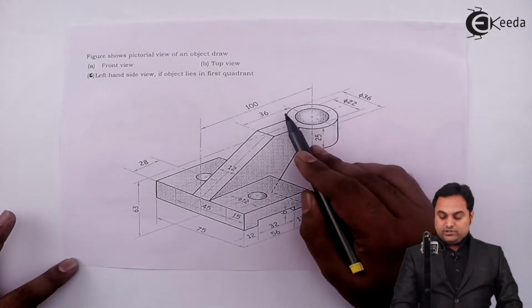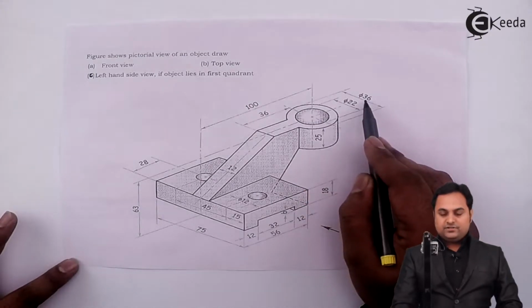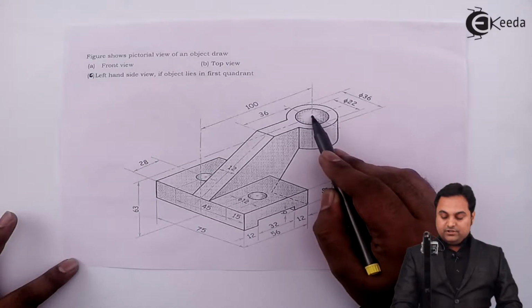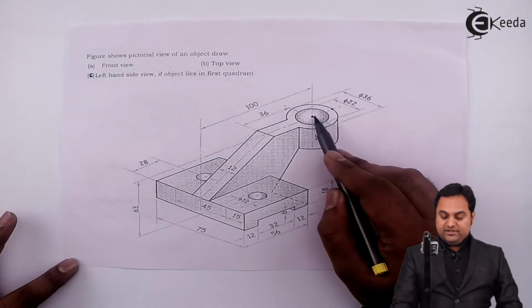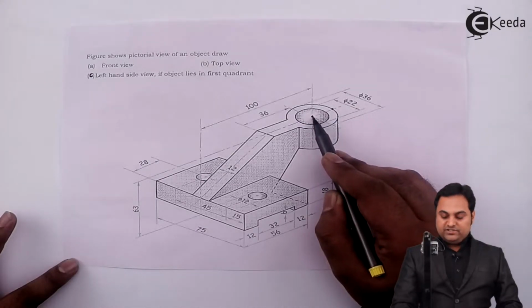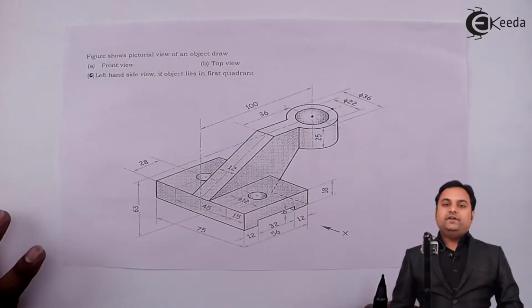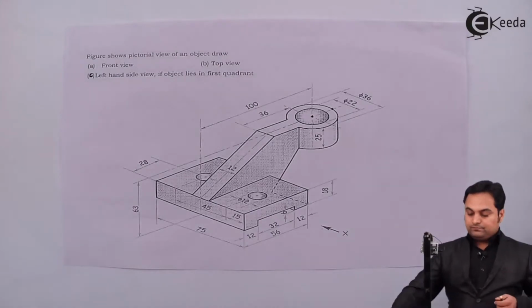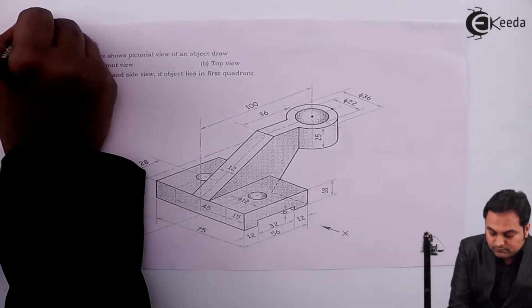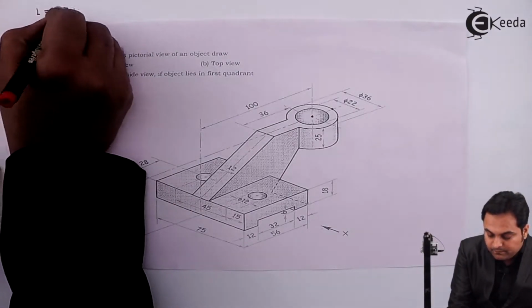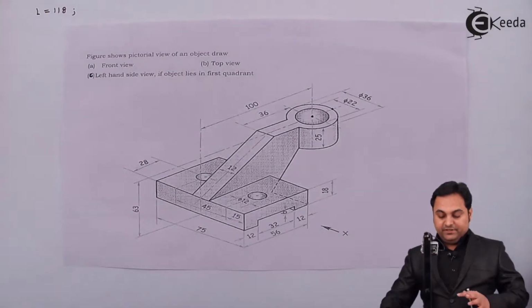Next, this outer circle has a diameter of 36, so from the center up to the edge is the radius of 18 mm. So 18 plus 100, the total length is 118. I'll write it down. The total length is 118.